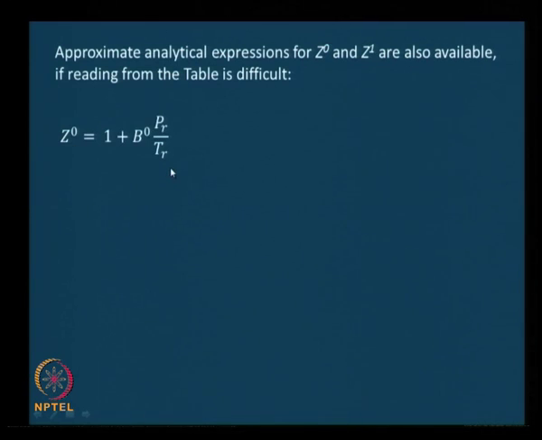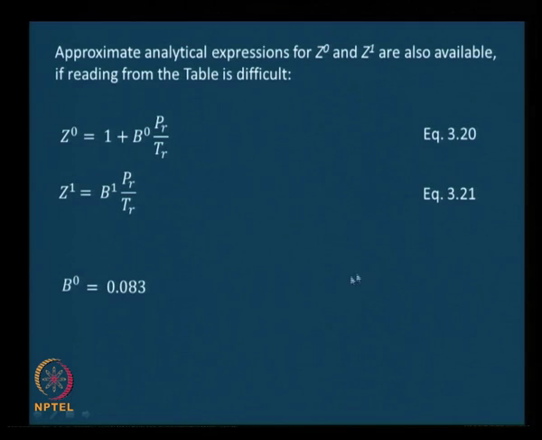Z0 is 1 plus B0 PR by TR, equation 320, and Z1 is B1 PR by TR, equation 321.